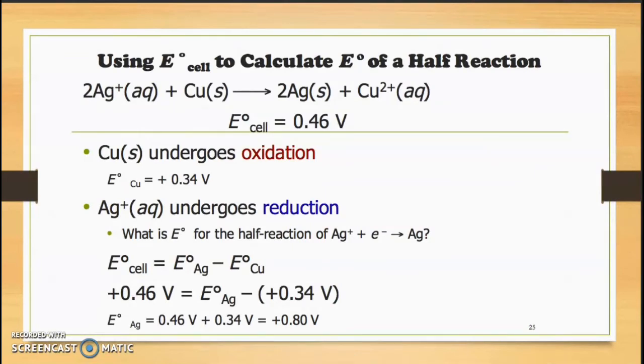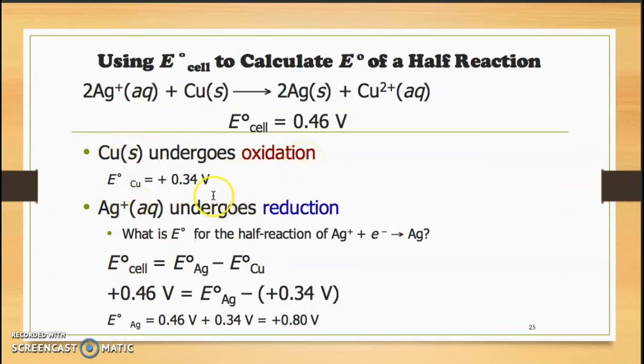Using the standard cell potential to calculate the SRP of a half reaction. This is the standard cell potential, positive 0.46 volt, and copper undergoes oxidation.